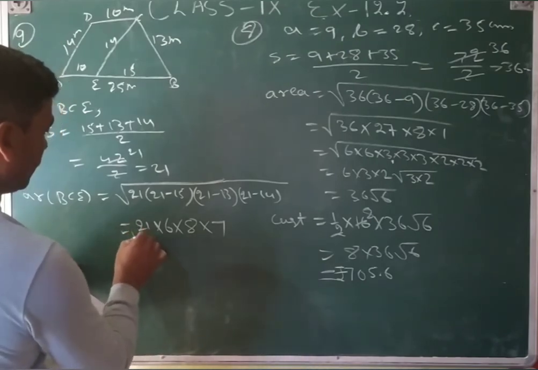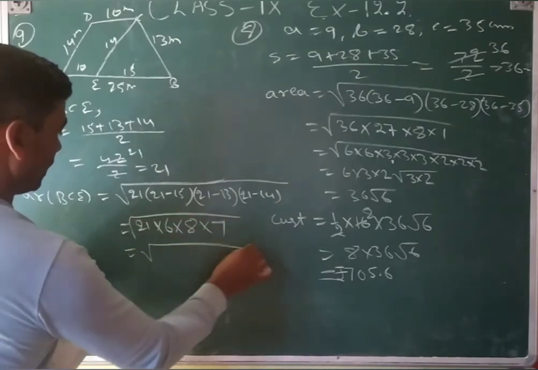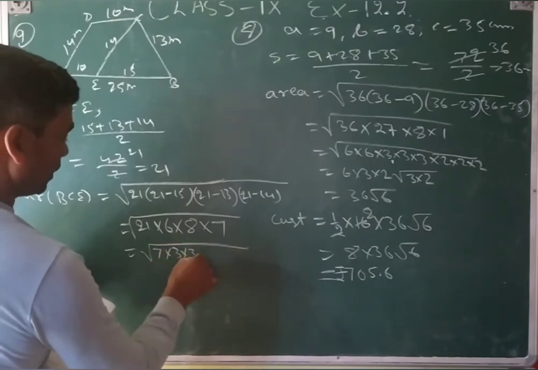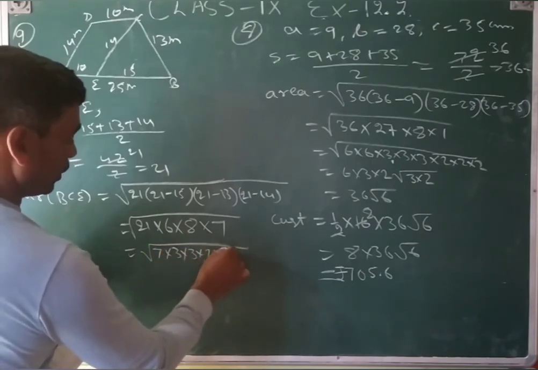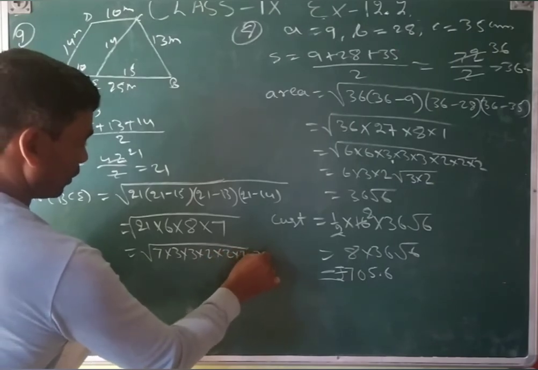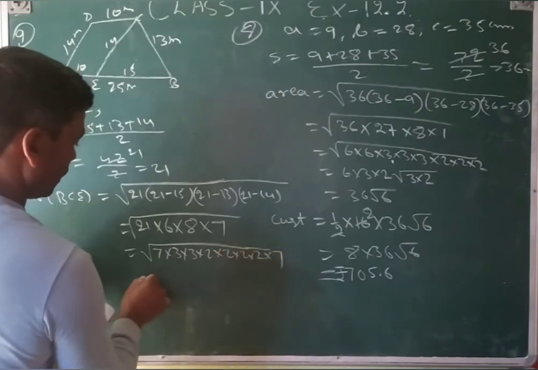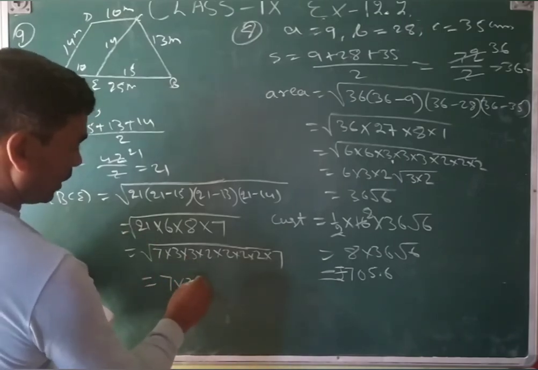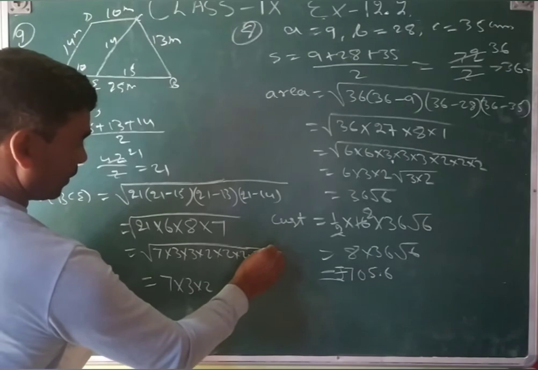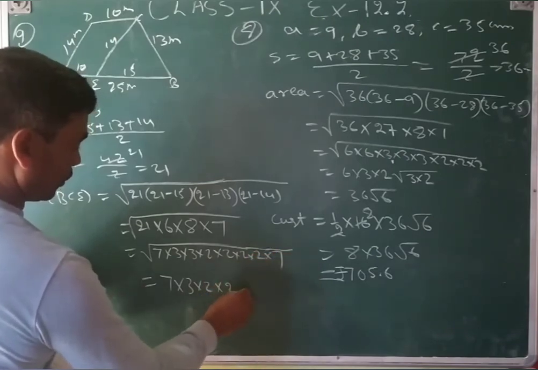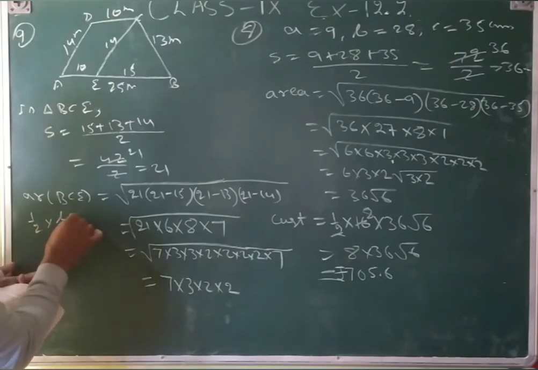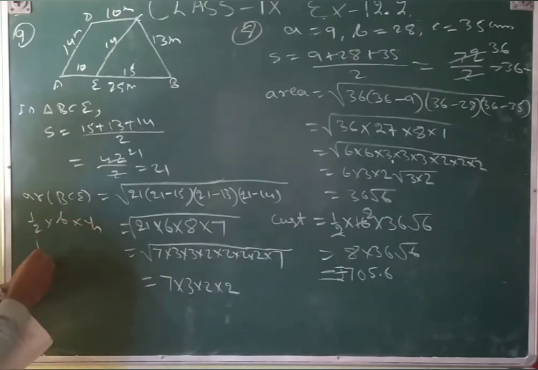Right. Now that will be 7 into 3 into 3 into 2, and 2 into 2 into 2, and 7 will become the same. So 7 into 3 into 2 into 2. And we know that area is also 1/2 into base into height. So 1/2 into base 25 into height.